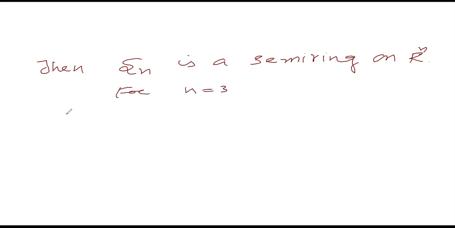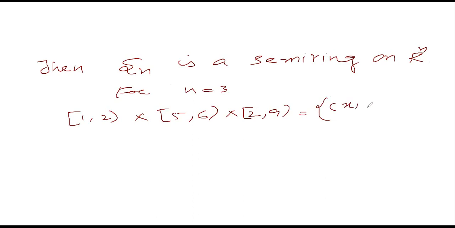So if you write this interval [1, 2) cross [5, 6) cross [2, 9), this is the set of 3 tuples (x1, x2, x3) with 1 less or equal to x1 less than 2, then 5 less or equal to x2 less than 6, and finally 2 less or equal to x3 less than 9. Okay, so this is the set.